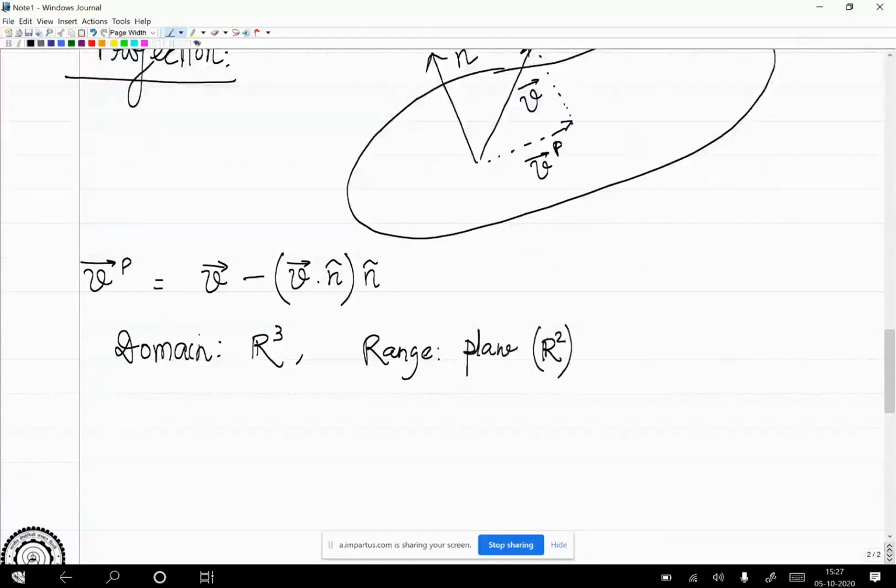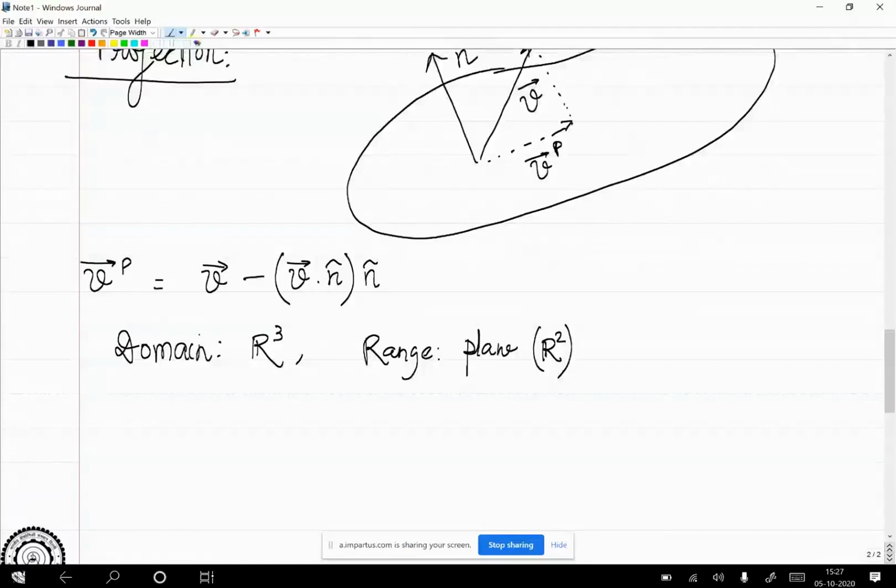So I hope you got some idea about linear transformation. Sir, one thing I wanted to ask: for domain and range, should we say all vectors in R3, or is simply R3 enough? Similarly for range, all vectors in R2 or R2?